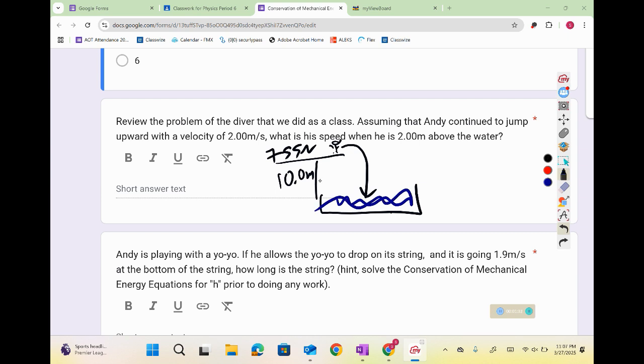But now I want to draw this line right here at 2 meters above the water, 2.00 meters, and find out exactly what his speed is at that point. I'm not going to do the entirety of the problem, I'm just going to show you how it's done.